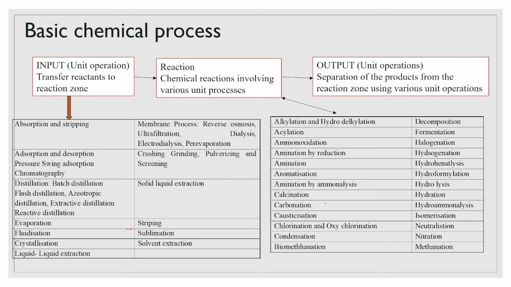Nitrogen and hydrogen react to give out ammonia. So here a new product is formed, a chemical reaction takes place. So this comes under unit process. Whereas crushing, grinding, distillation, evaporation, drying, all these are physical changes or a separation change takes place. So we call it a unit operation.